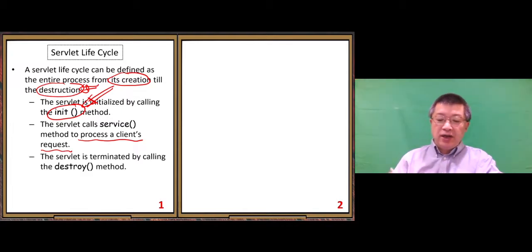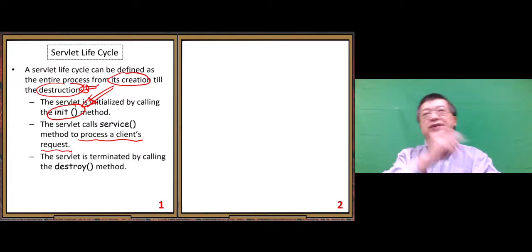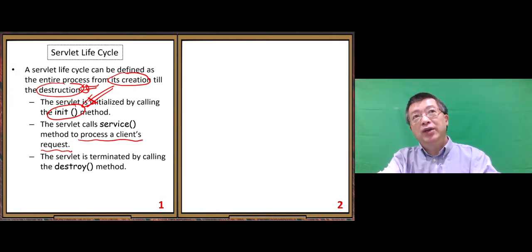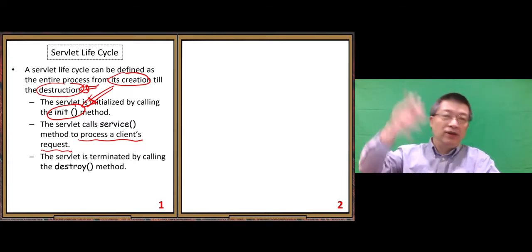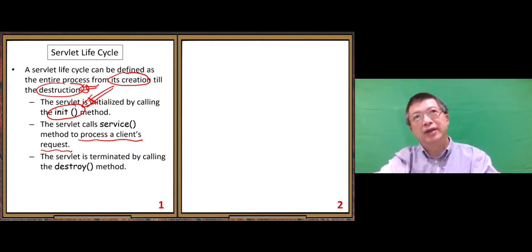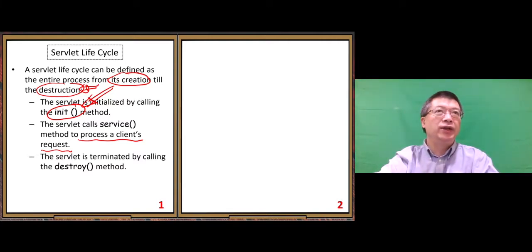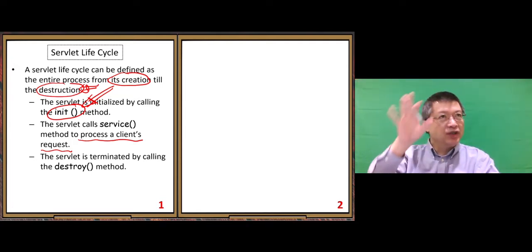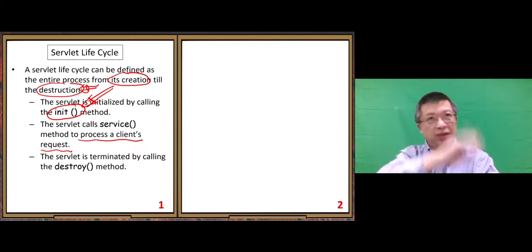Next, the destroy method. Eventually it will be destroyed, right? Even if some web applications can run very long, years, due to some reason, it will eventually be destroyed. And a lot of things should be done.